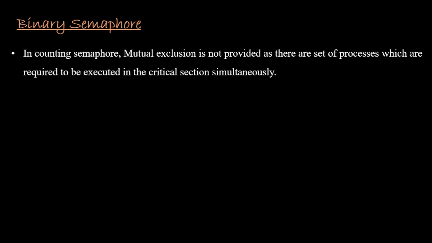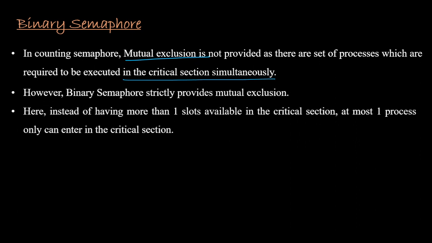So in counting semaphore, mutual exclusion is not provided, as there is a set of processes which are required to be executed in the critical section simultaneously. However, binary semaphore strictly provides mutual exclusion instead of having more than one slots available in the critical section.